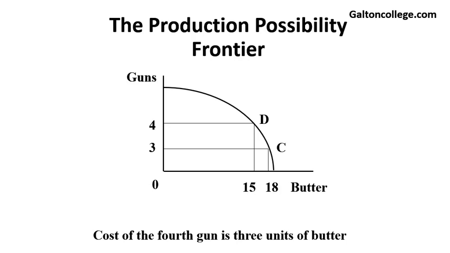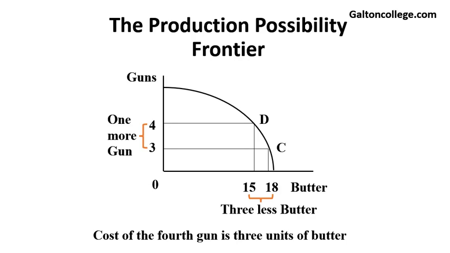Now, if we look backwards, and we say we're at 3 guns, and we want to produce 4 guns, then the amount of butter must fall from 18 to 15. So the cost of the extra gun is the 3 units of butter. One more gun, 3 less of butter.